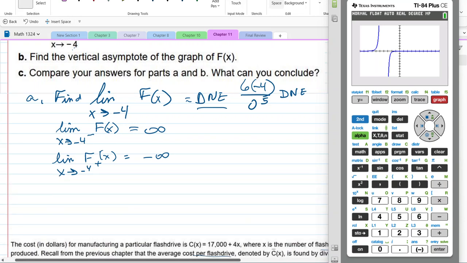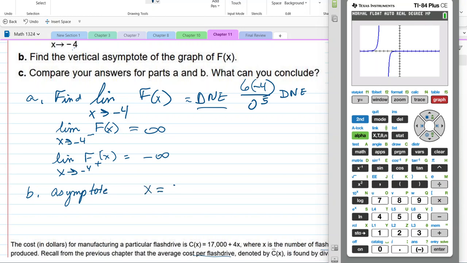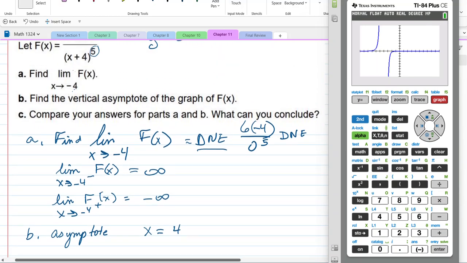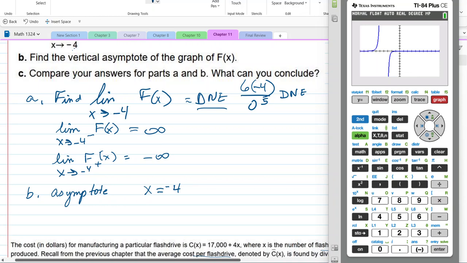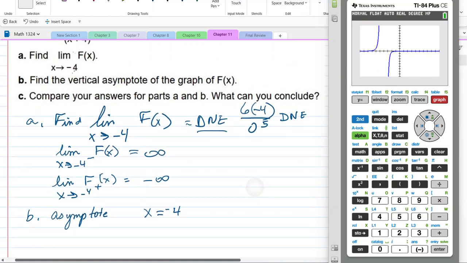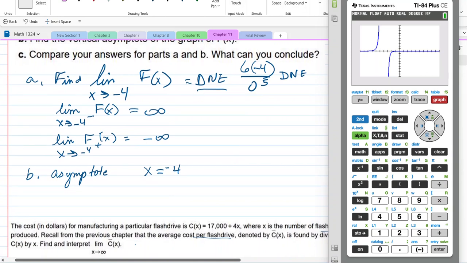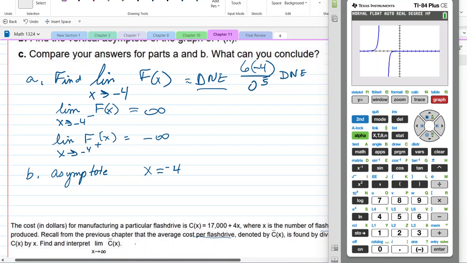Sorry about that. Fast, didn't I? And that's because I wrote the wrong things. We want vertical. So that means x equals -4. And that says, compare your answers to part A and B. What can you conclude? Okay, that we have to graph.